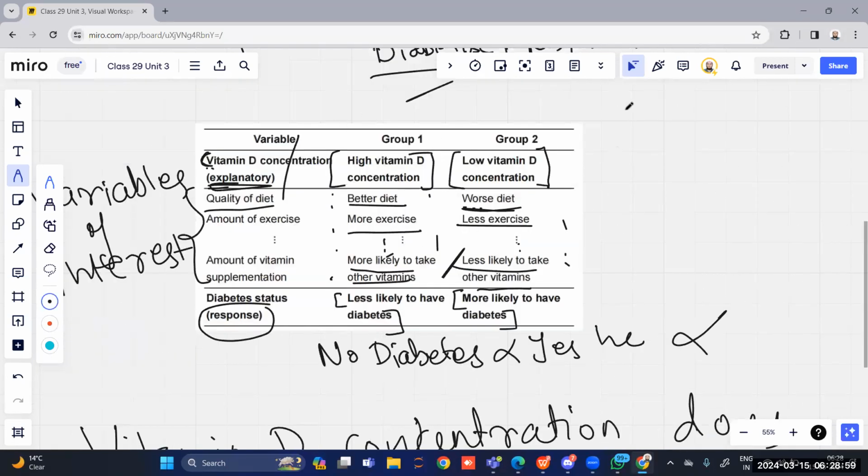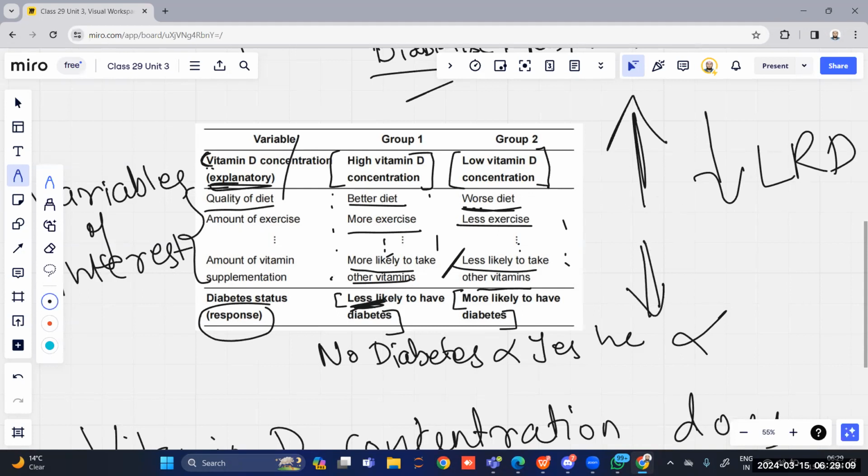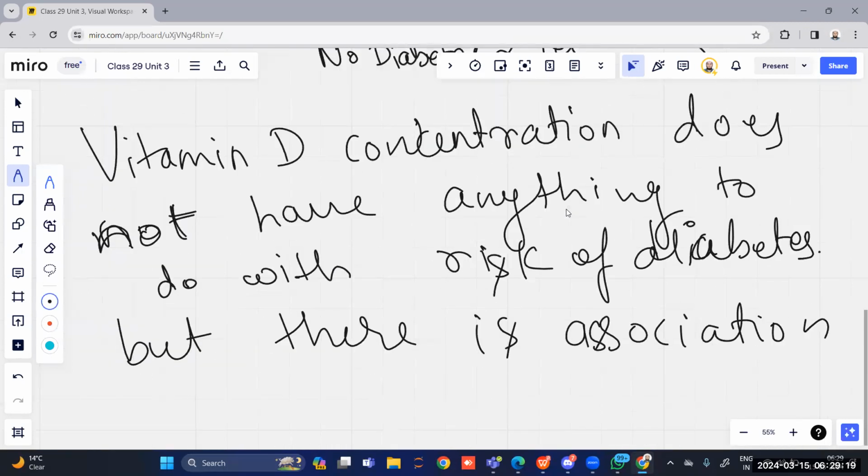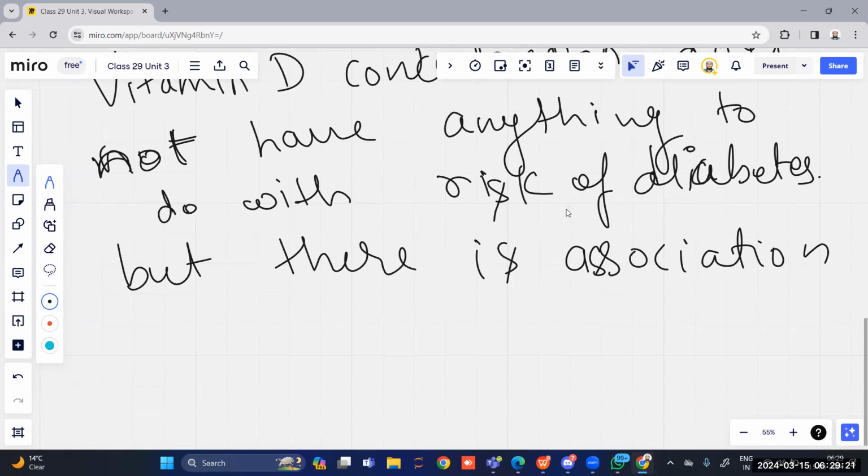How was the association here? When there is high vitamin D, we can see low risk of diabetes, less likely. And when there is low vitamin D, we can see high risk of diabetes. Low vitamin D and high vitamin D. That's the thing. So there is an association, but it does not have anything to do with diabetes.